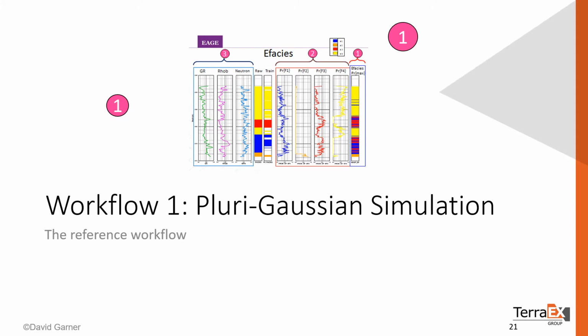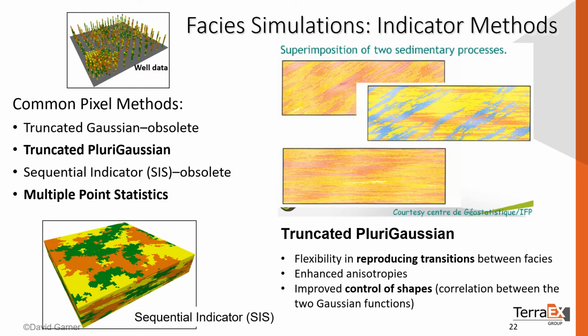So workflow 1, plurigaussian simulation. We're using element 1. Facies indicator methods, we're focusing on the pixel methods. In my courses I cover the details of these 4 methods. We have truncated Gaussian.